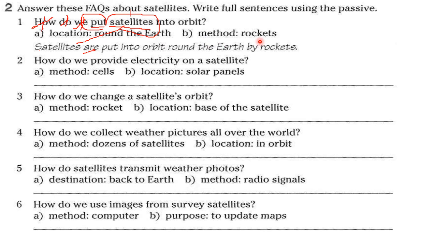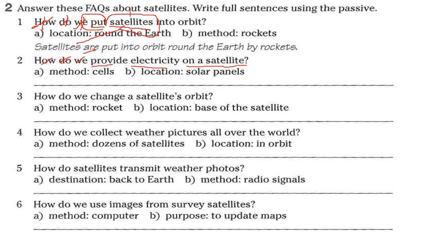I will give you number 2 as an example. How do we provide electricity on a satellite? In this sentence, no need for how, no need for do, no need for we. So we need only the verb, the object, and the rest of the sentence. We start by electricity. Here we have the method. How? By cells.